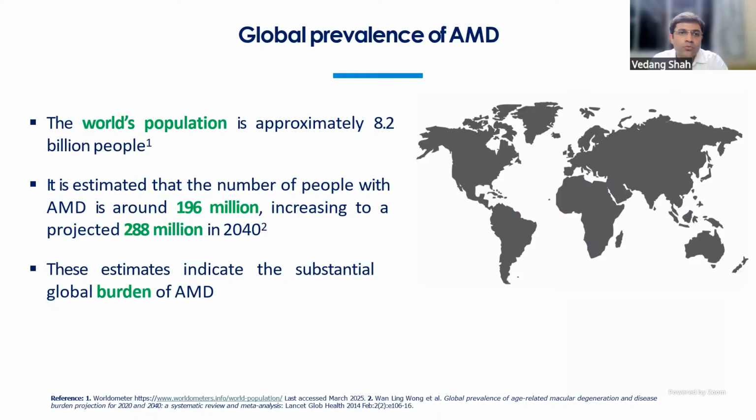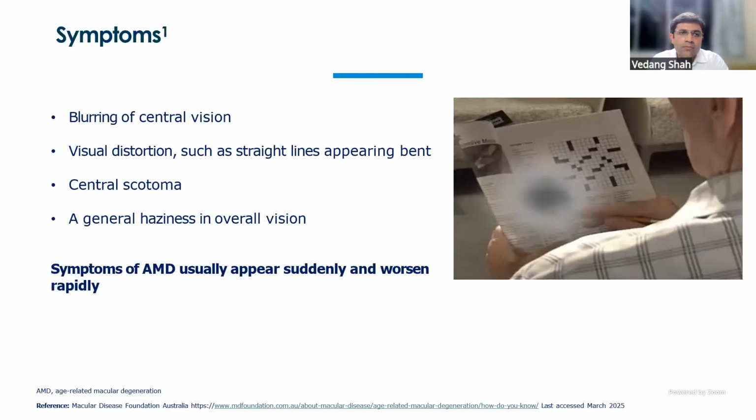I'm just going to elaborate on certain things that I feel as a clinician it is important for us to know. The main symptoms are blurring of central vision and visual distortion, that is, suddenly the straight lines appear to be bent. There is a central scotoma, and also a general haziness in the overall vision.